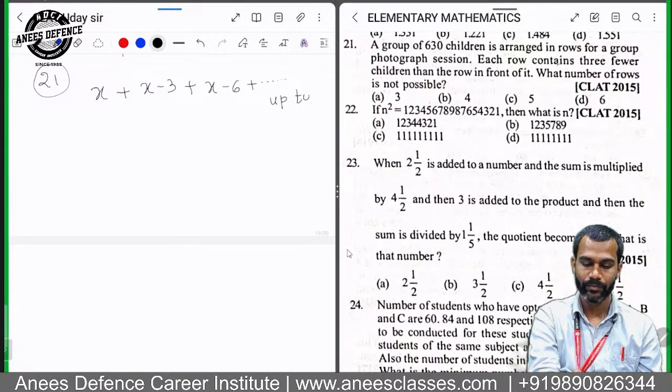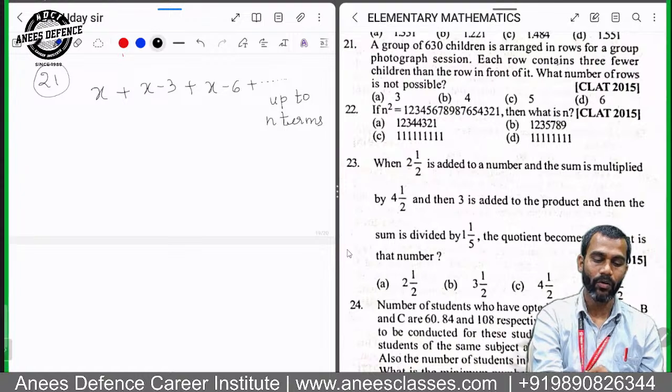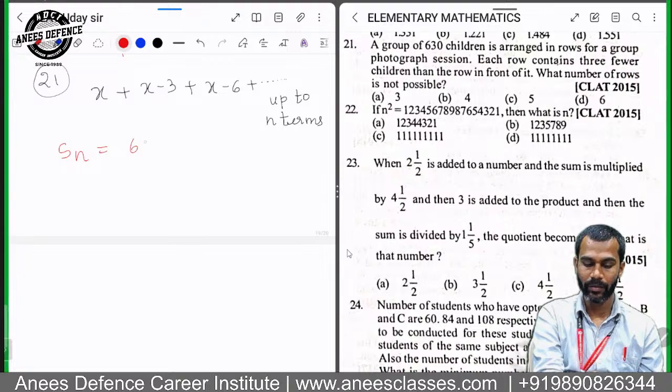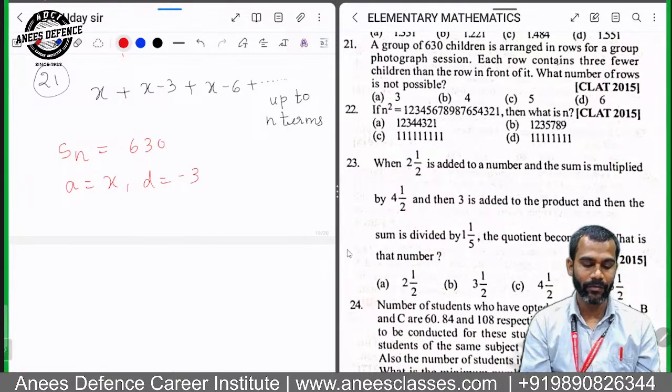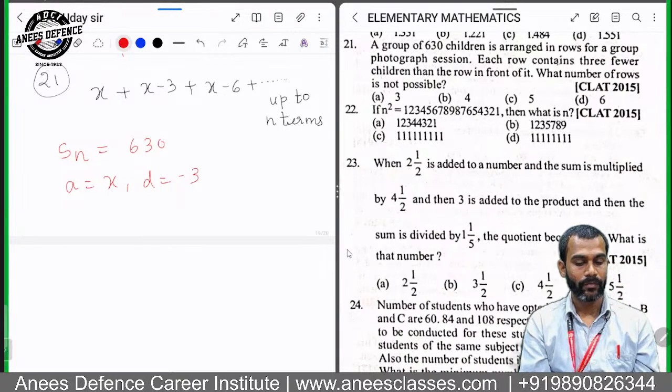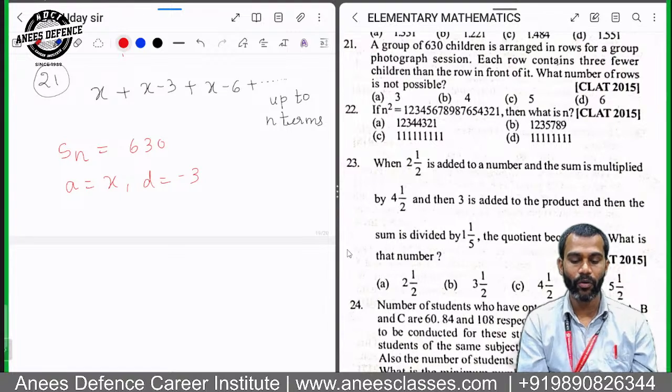Sn is already given, 630. First term is x, common difference is minus 3. Now we need to find the value of n which is not possible.